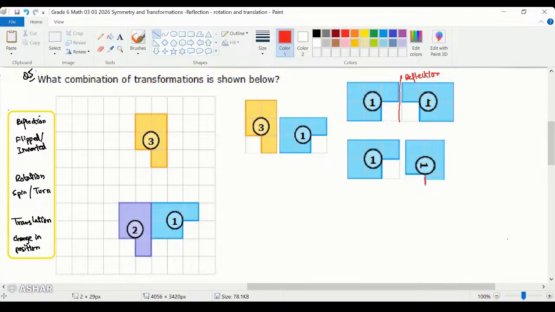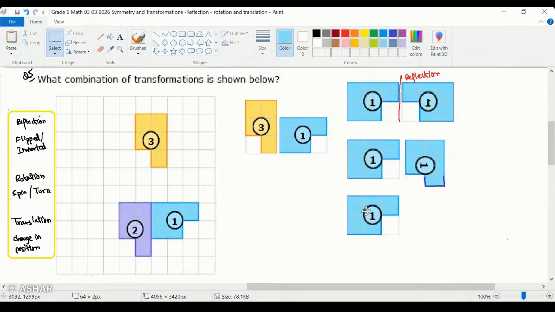Okay, so we can still say that this is rotation, right? Can we see the same shape over here, or can we see a translation?